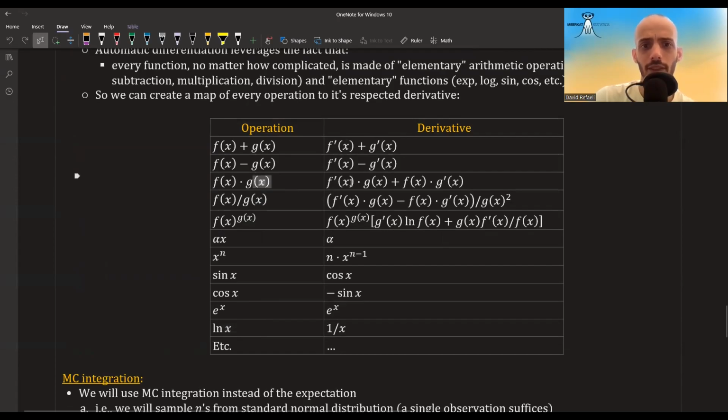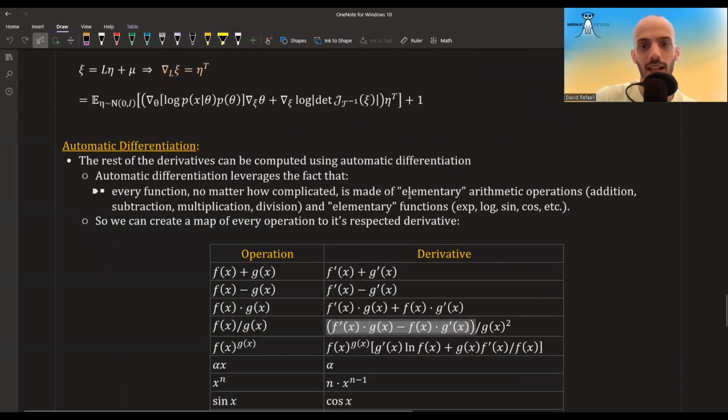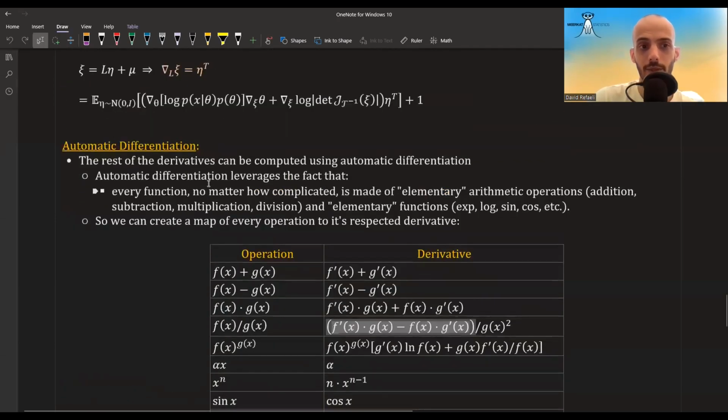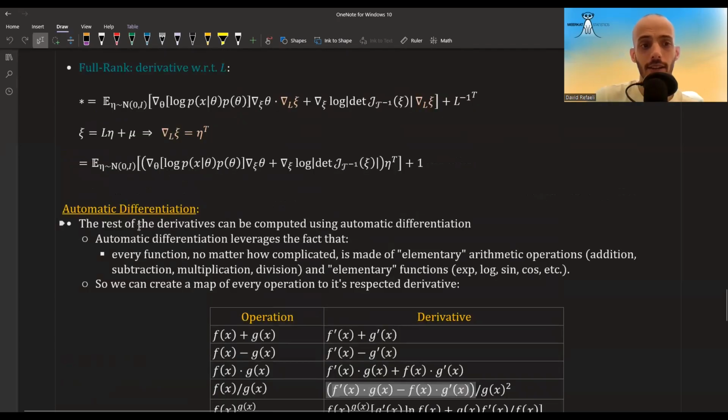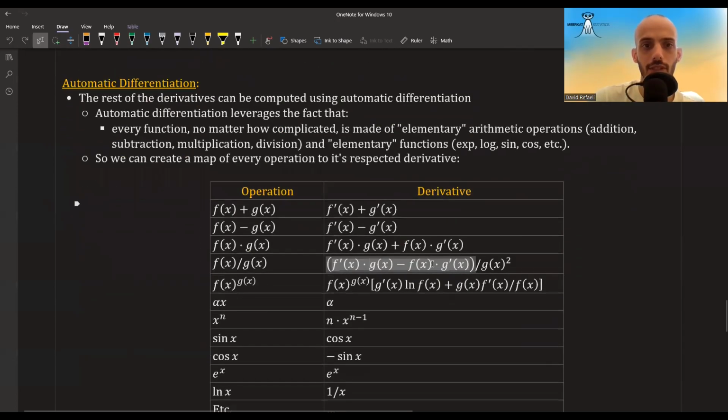So for the product, you have the product rule. For the quotient, you have the quotient rule, etc. So you can create this mapping and map every operation to the relevant derivative of that operation, and that way calculate the derivative of it. And so there are efficient programs that already apply this. You give it some function, you define the functions, and then it automatically gives you the derivative.